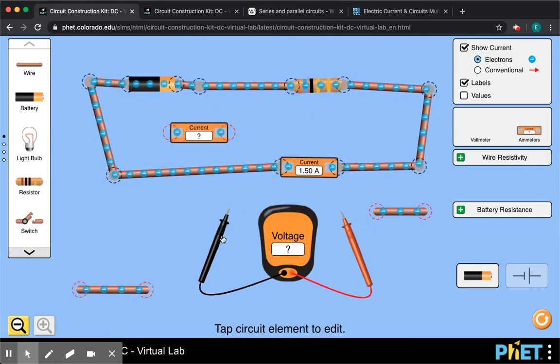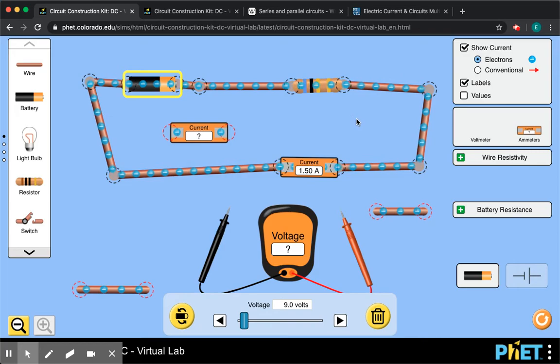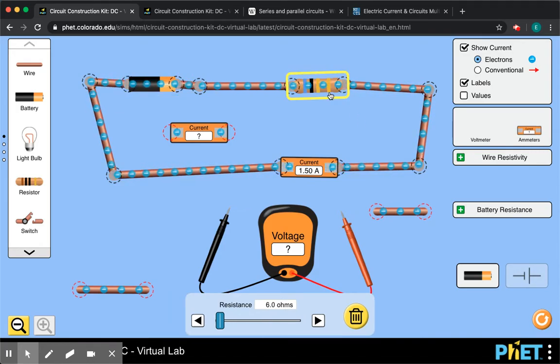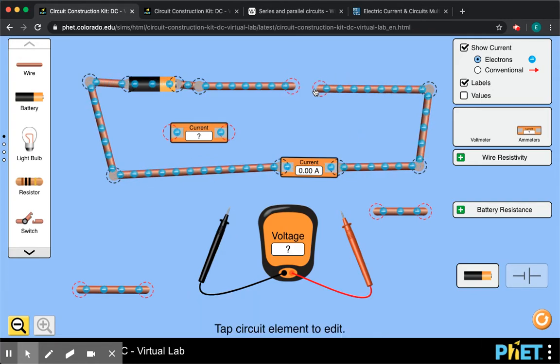So, in every circuit, you need a power supply and you need something to consume the power. You need something to slow things down. In this case, we have a resistor. So let's say I remove the resistor. If there is nothing to consume the power, you will cause a fire.